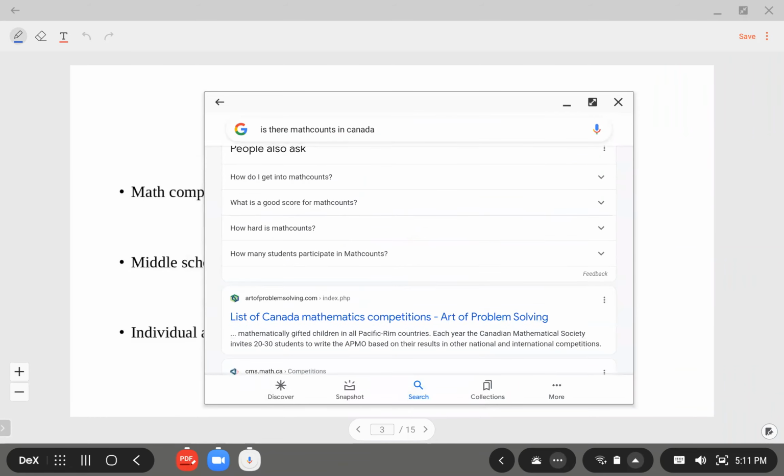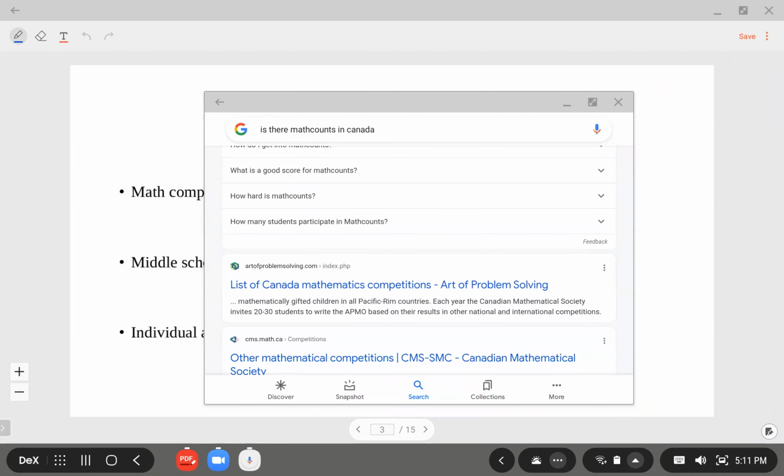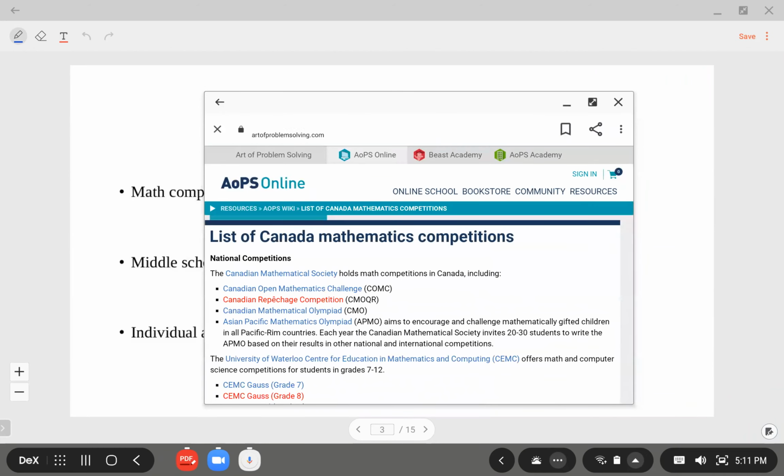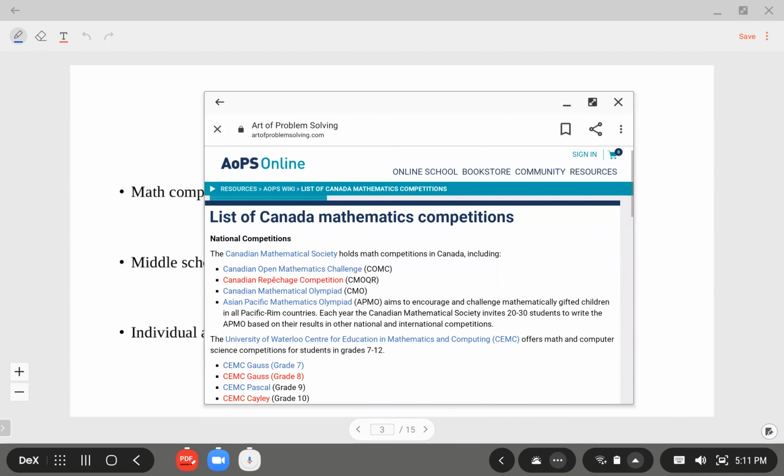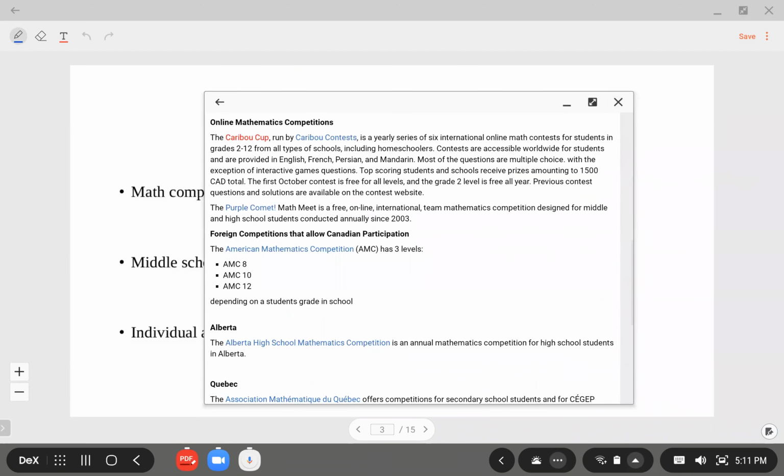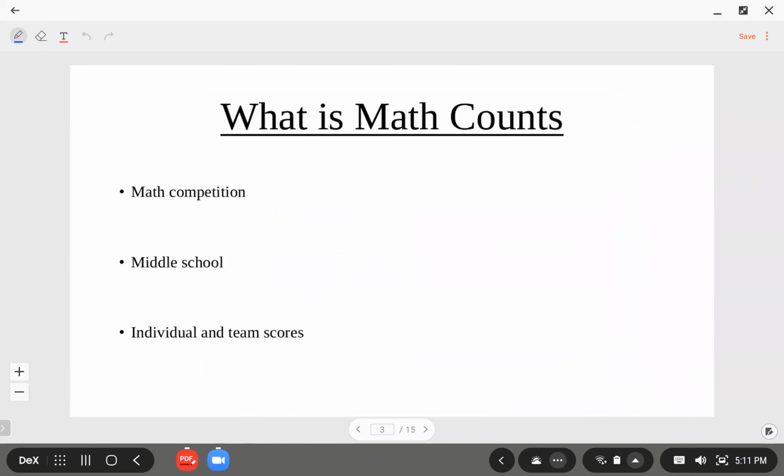Doesn't say anywhere. Oh, a list of Canada mathematics competitions. Okay, yeah, it's not in there. But for those who live in the United States, which I guess most of you are, it'd be a pretty nice math competition to take part in.